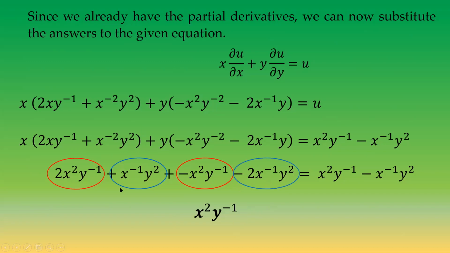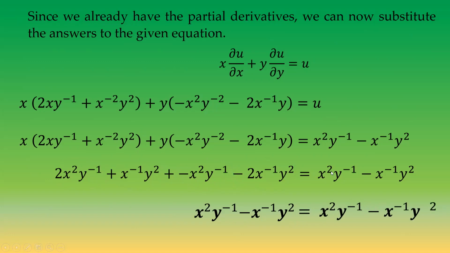Kaya 1 plus negative 2, we have negative 1, negative x raised to negative 1 y squared. So, equal yan sa u: x squared y raised to negative 1 minus x raised to negative 1 y squared. Silang dalawa ay nag-equal. Ibig sabihin, tama yung given equation. Na-prove natin na sila ay equal.